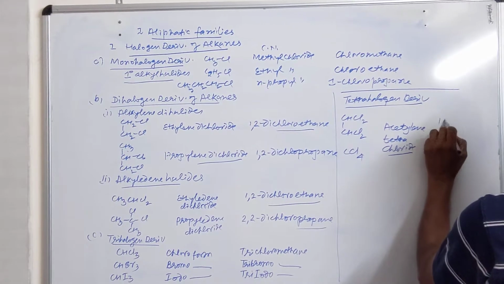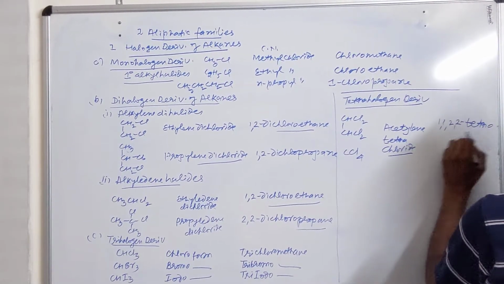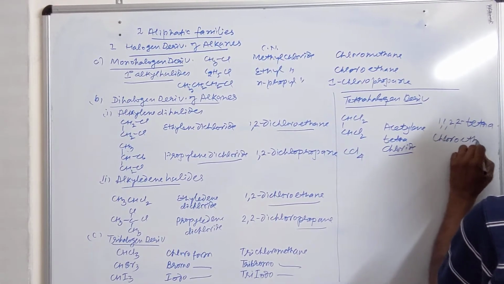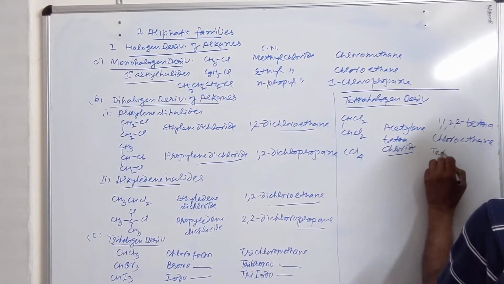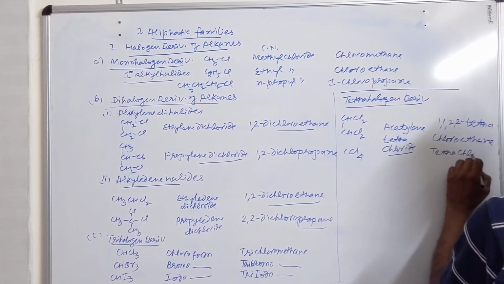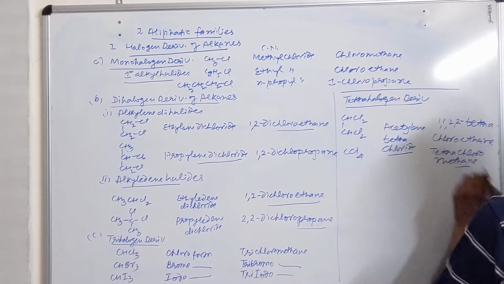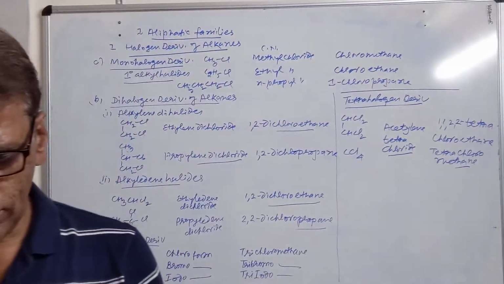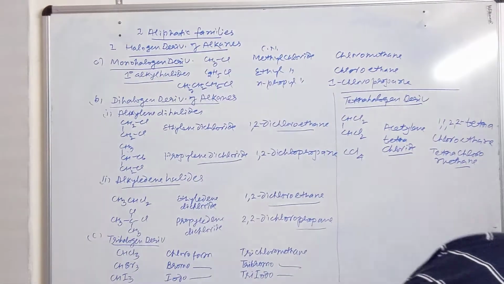IUPAC name is 1,1,2,2-tetrachloroethane. This is tetrachloromethane. So these are all the halogen derivatives. Their nomenclature has been discussed.